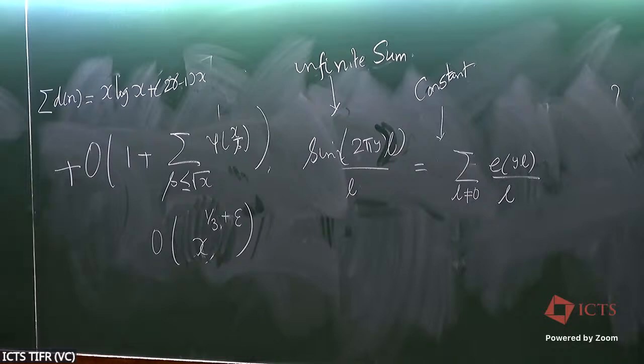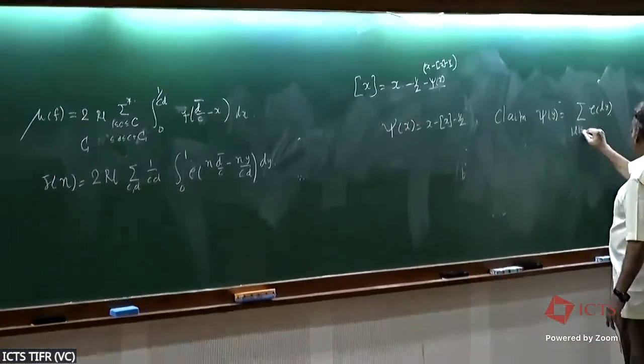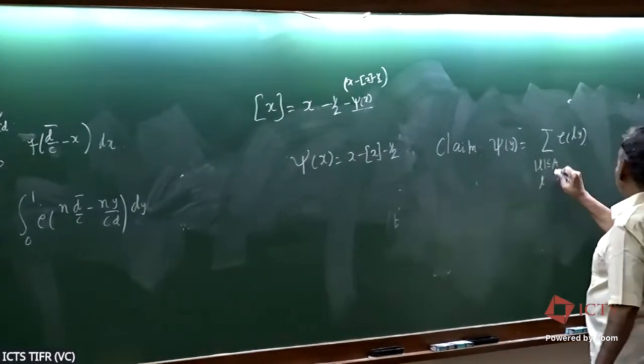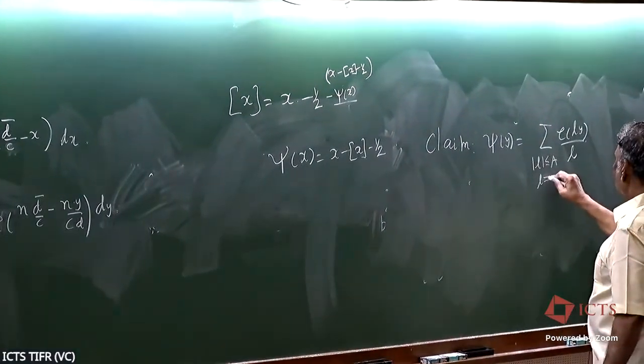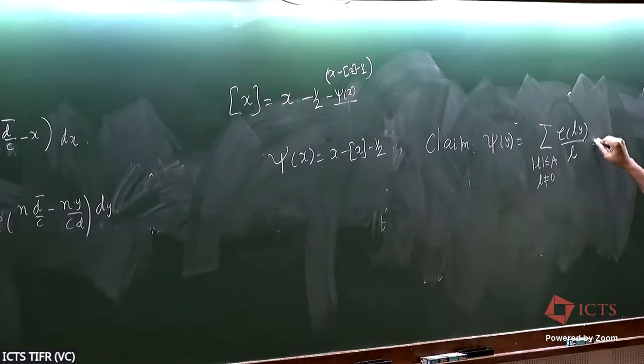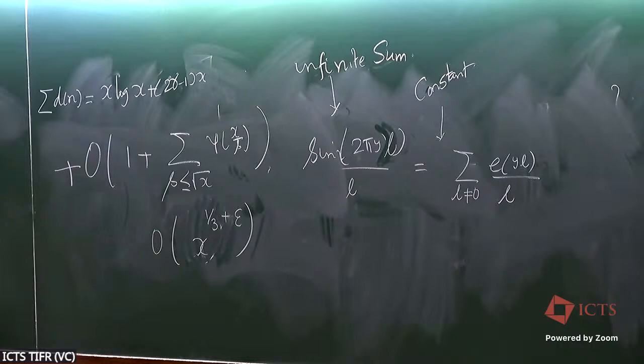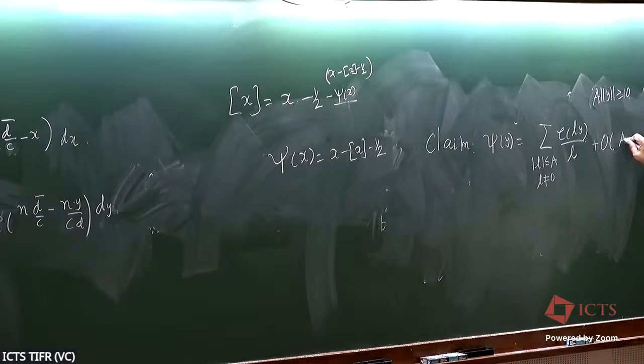I claim that when you take the psi of y and truncate it, then if, for example, A times the fractional part of y is less than 1 over 10, then this gives you O of A times the norm of y inverse.